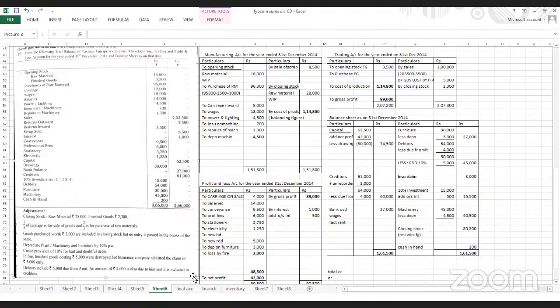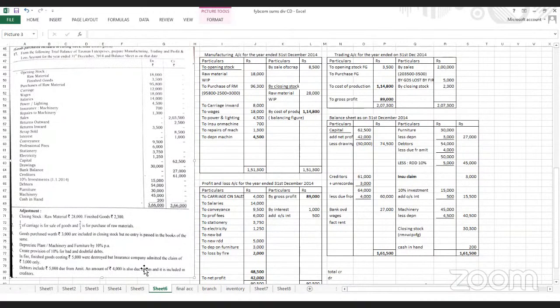Last adjustment, 5,000 due from Amit. An amount of 4,000 is also due to him and is included in creditors. So debtors and creditors both include one common person, and his amount is shown in debtors as well as creditors.